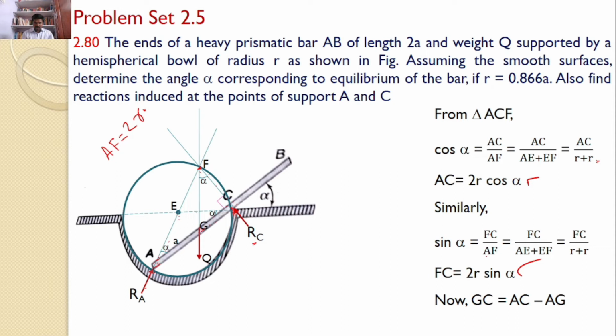Now, G is the center of gravity for the prismatic body AB, the total length of AB is given as 2a, hence AG must be equal to small a. And AC value we calculated as 2R cos alpha. Hence, I can substitute here and you can find GC is equal to 2R cos alpha minus a.